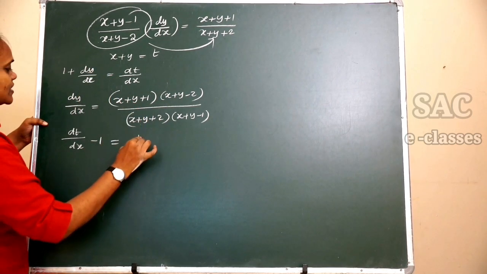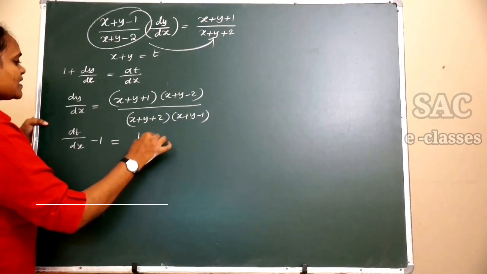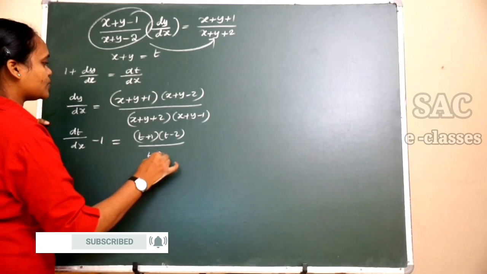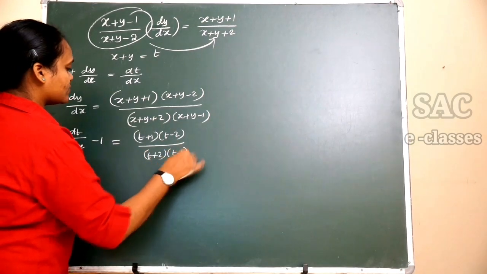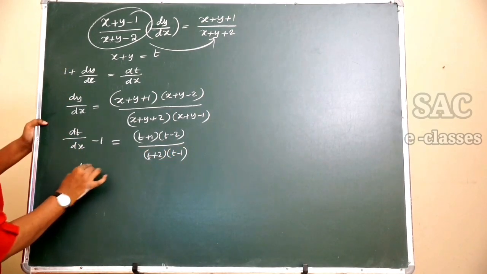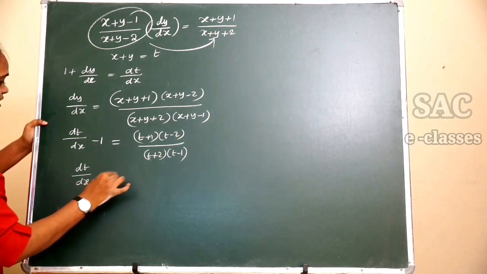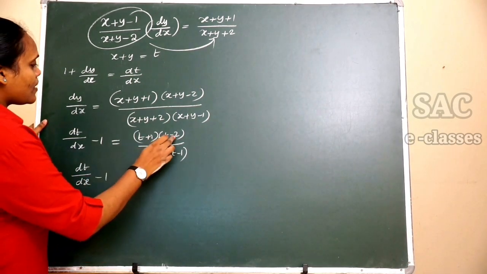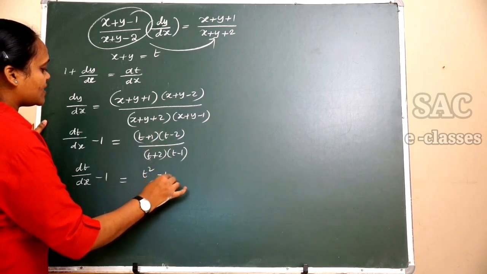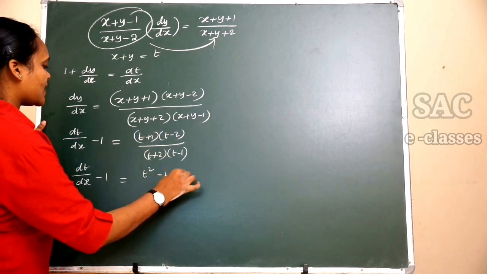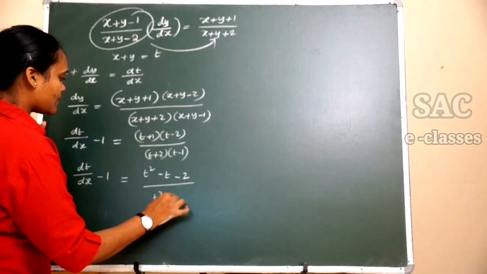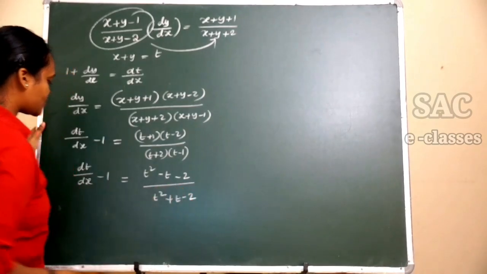x plus y means it is t plus 1 into t minus 2 by t plus 2 into t minus 1. So dt by dx minus 1 is equal to t square minus 2 plus 1, so minus t minus 2 by t square plus t minus 2.